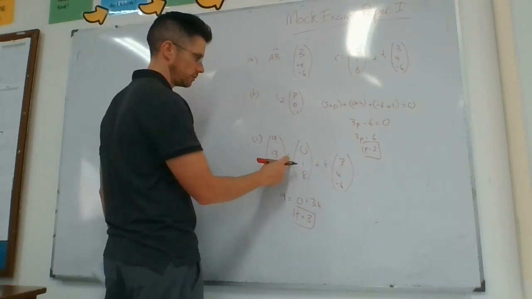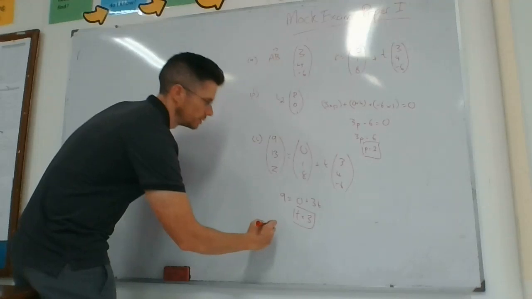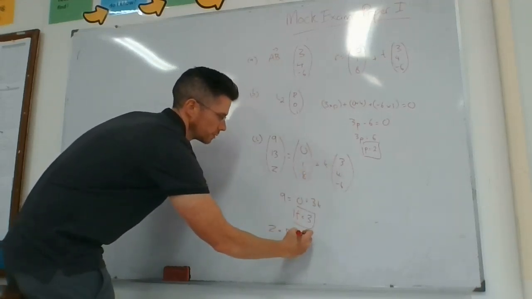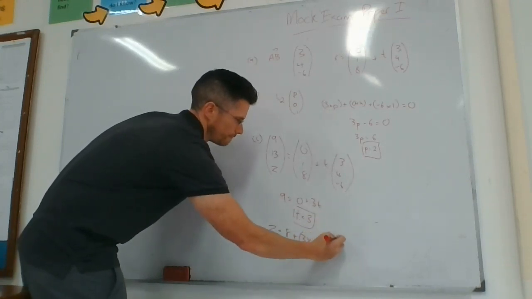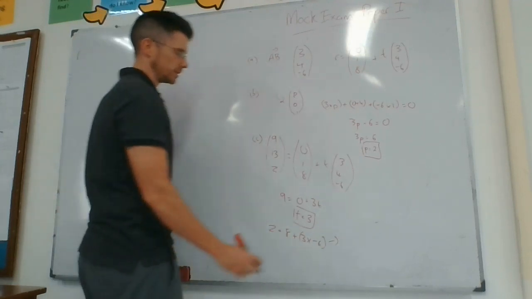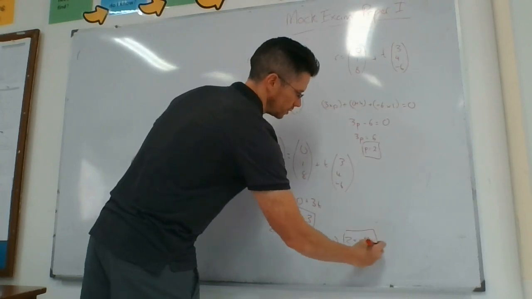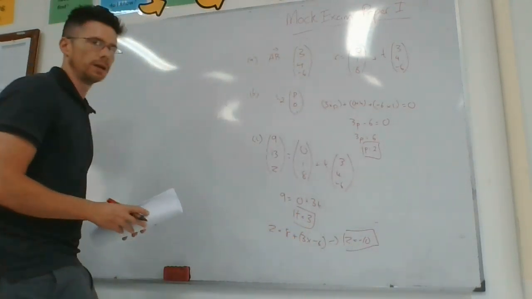Z is equal to 8 plus T times minus 6. Now I know T is 3, so it's 3 times minus 6. Z then equals 8 minus 18, which is minus 10. You could have used the other line and you would get the same results. I think most people overcomplicated that in the exam.